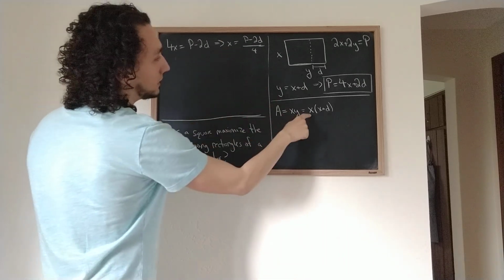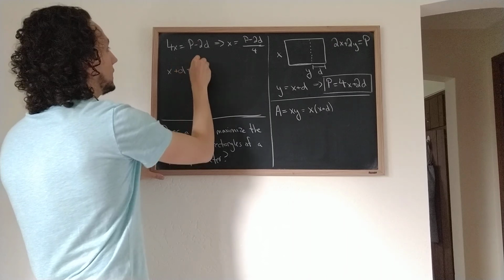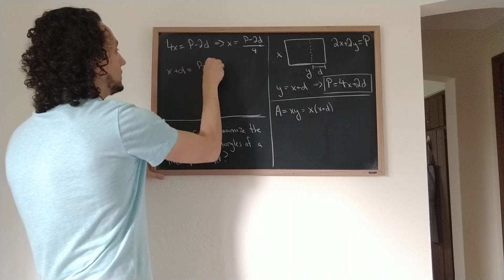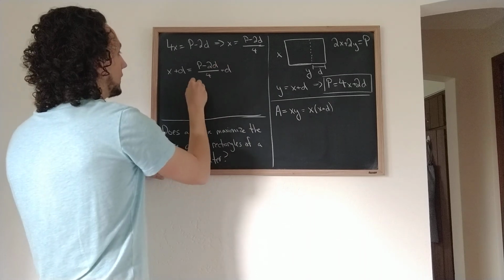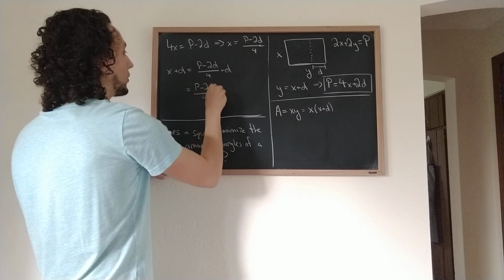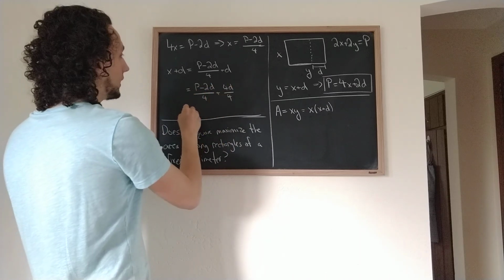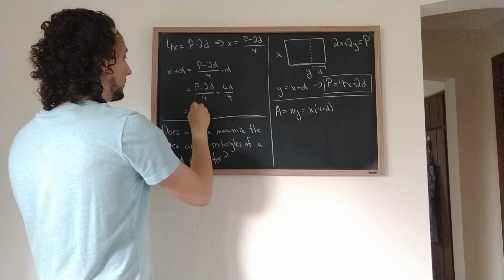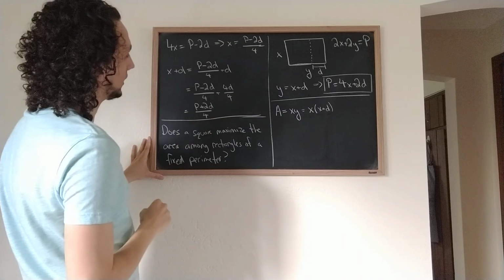So if that's what x equals, then I can also solve for x plus d. That equals (p minus 2d) over 4 plus d, which equals (p minus 2d) over 4 plus 4d over 4, common denominator. And that equals (p plus 2d) over 4.